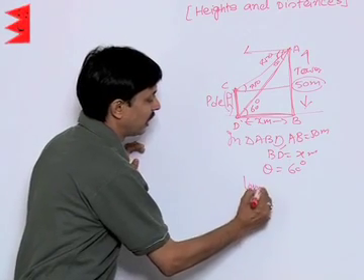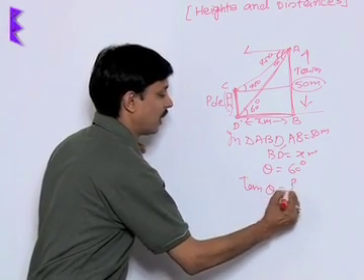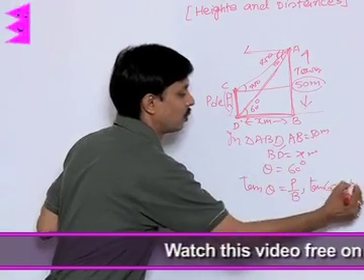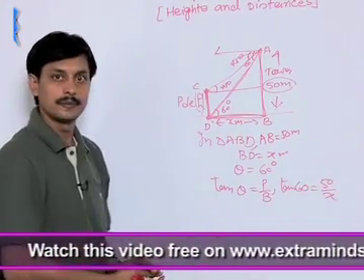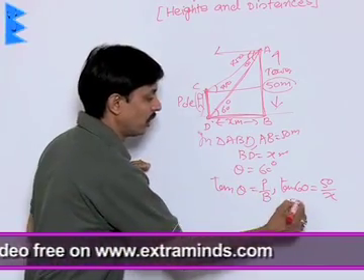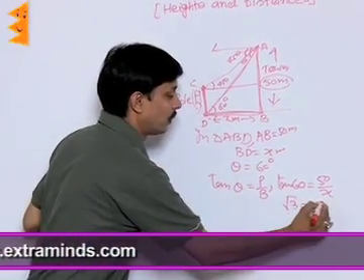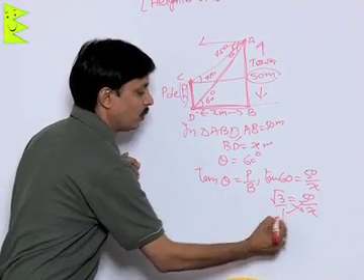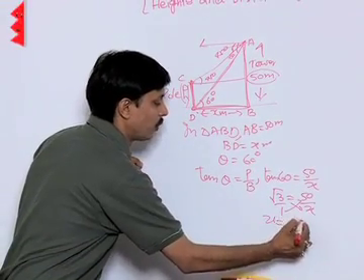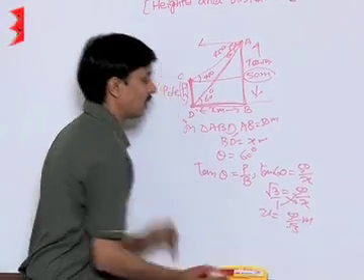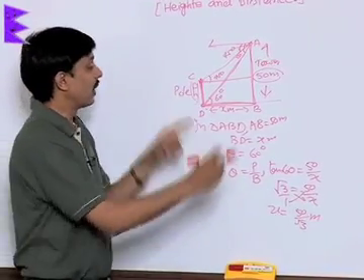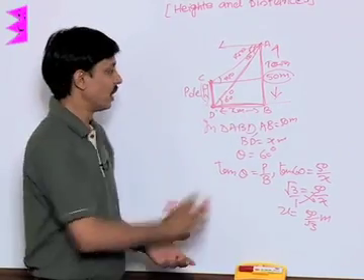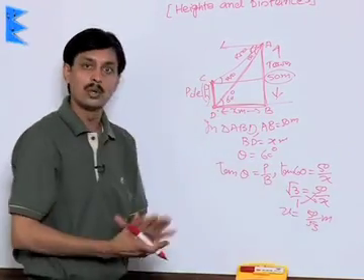So if we apply tan theta, that is perpendicular upon base, tan 60 is equal to 50 upon x. Tan 60 is root 3 from the table. So 50 upon x, and after cross multiplying we will get x is equal to 50 upon root 3 meters. So the distance between their bases, or between their feet, x is 50 by root 3 meters.